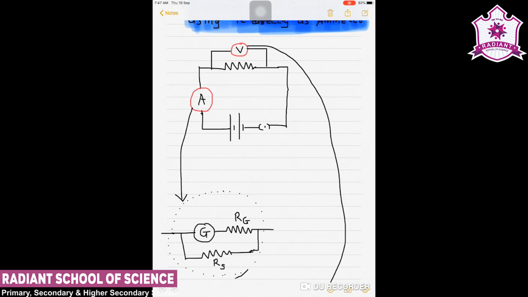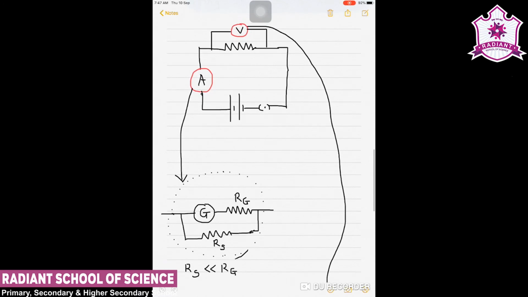Now we have connected a very small resistance, called a shunt, in parallel to this connection. By connecting this arrangement, we can almost neglect the resistance of the galvanometer.